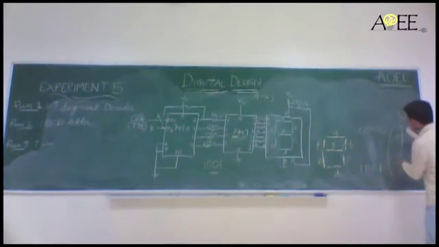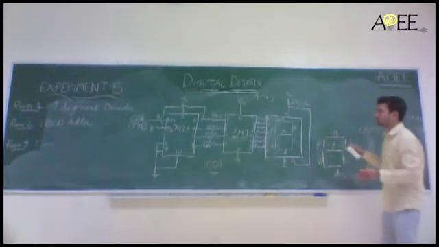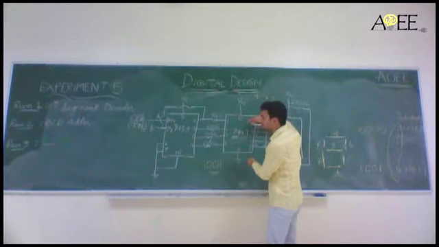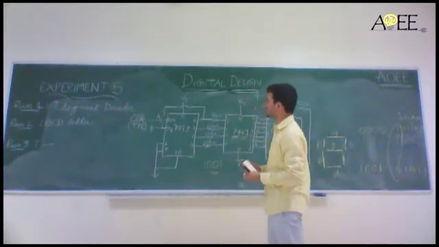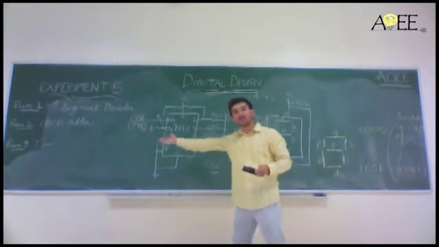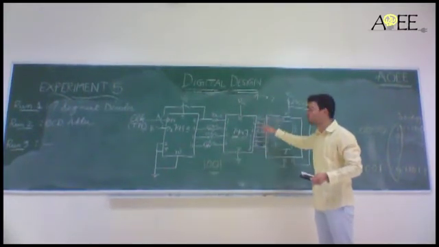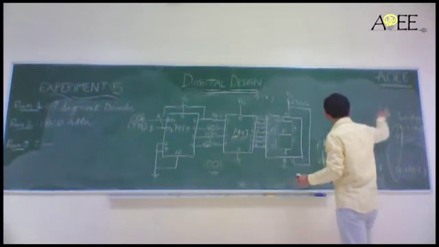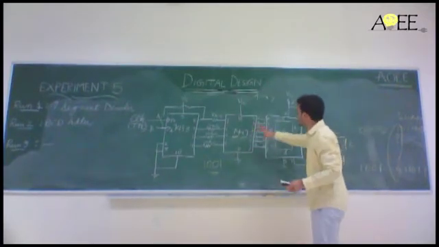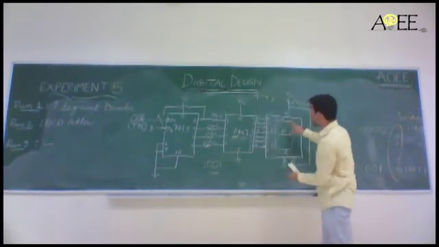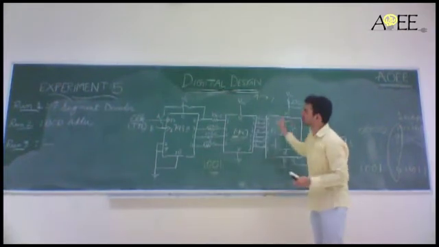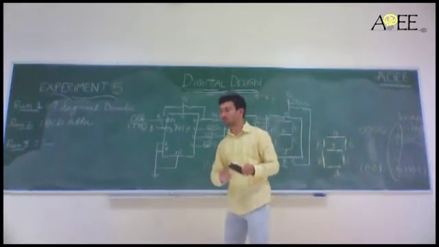In a similar manner, you have to implement all these functions. This is already done internally in 7447. So basically, I have a counter. The counter gives me a number. This number is converted into 7 bits using these logics, and those 7 bits are used to light an FND. This is how the 7-segment decoder will work.